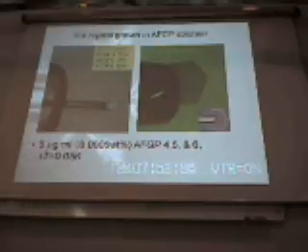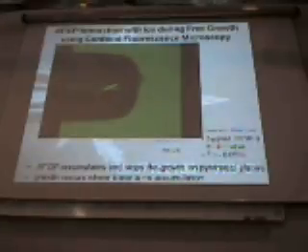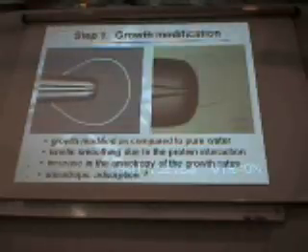Very close to the melting point. Okay, so now this interface is still growing in this case, and you can see a bright line here. So what happened?